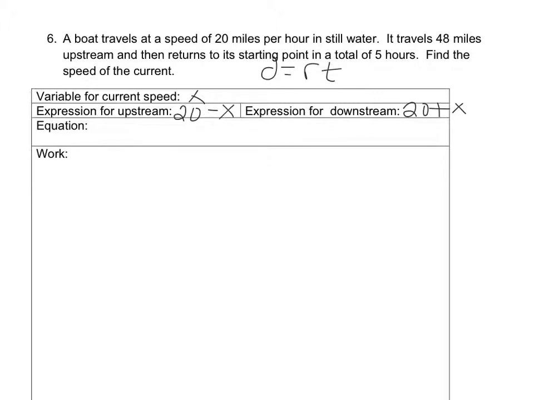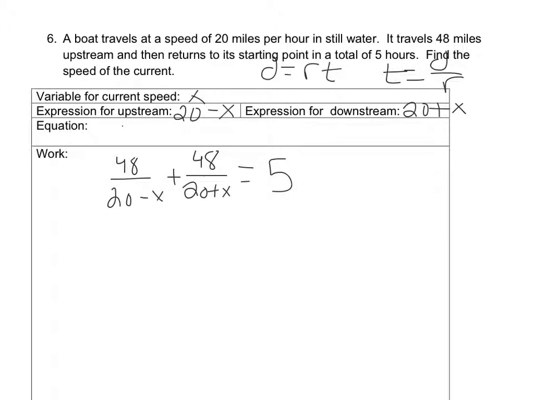So we know if we did 48 divided by 20 minus x, because that's the distance. So if you think about this, time equals distance divided by rate. This is the distance you traveled, that's the rate you traveled at, okay? But we have to add the other one as well. Equals a total of 5.